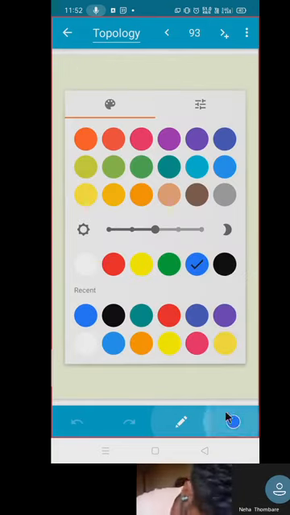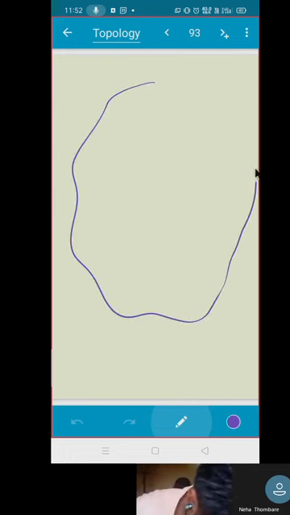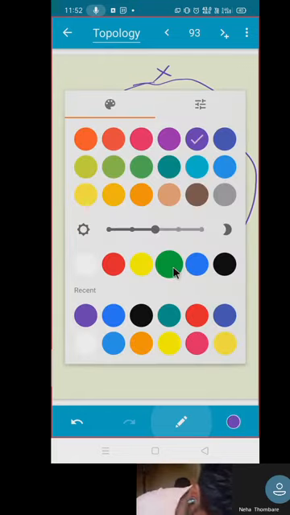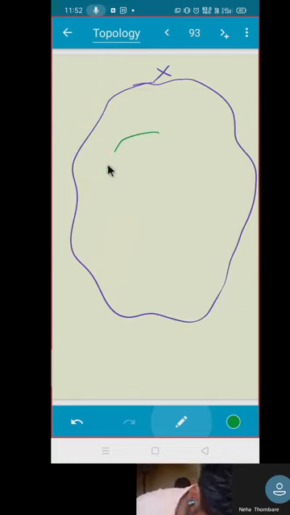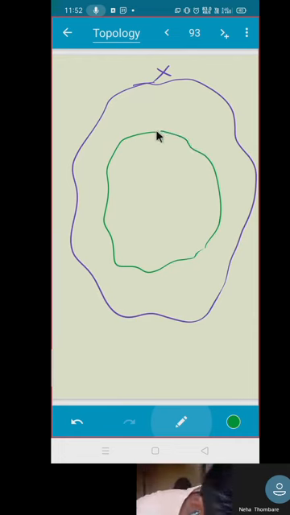Suppose you are having a set X. Suppose this is the set X, which is your metric space. One more set, say U. So this is U for me.